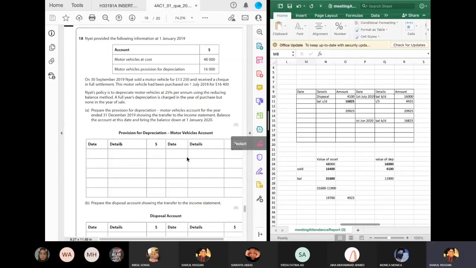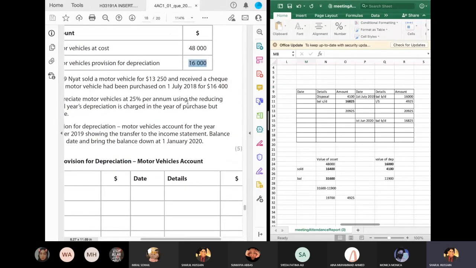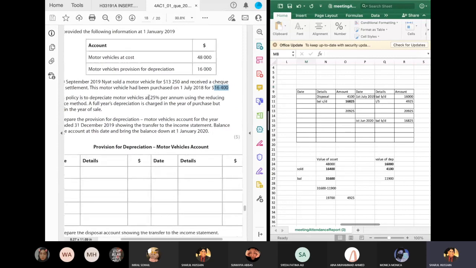One more time, I'll try to tell you: whenever we have this kind of question, you need to see what is the value of the assets. You need to see what is the value of the depreciation. You need to see what is the value of the asset sold, and then you have to see the depreciation policy. So these four things you have to do.